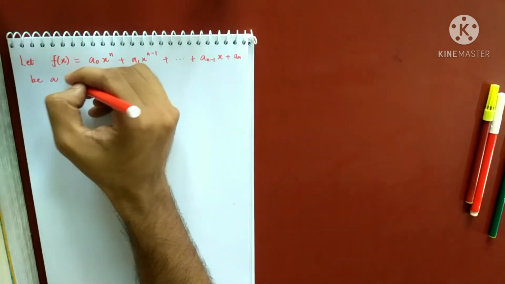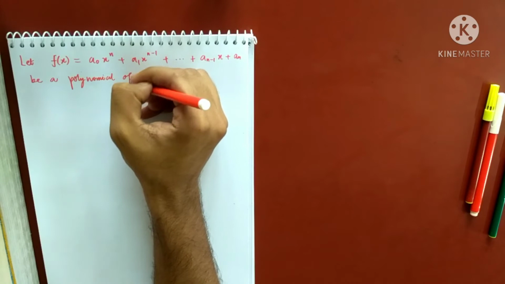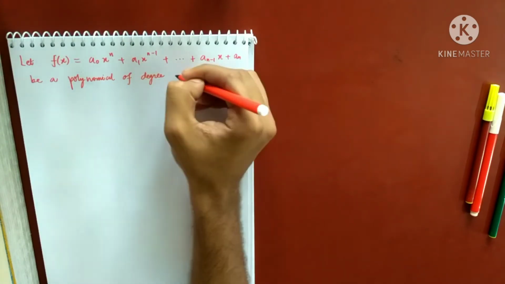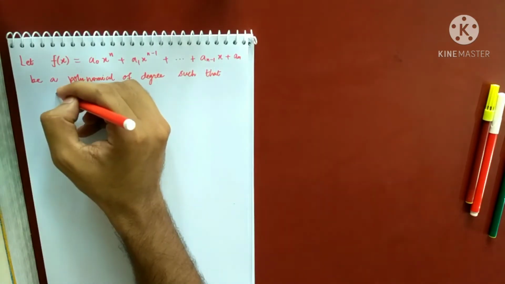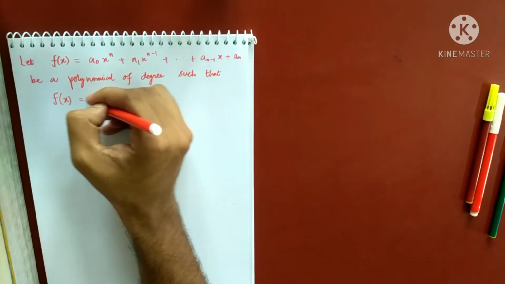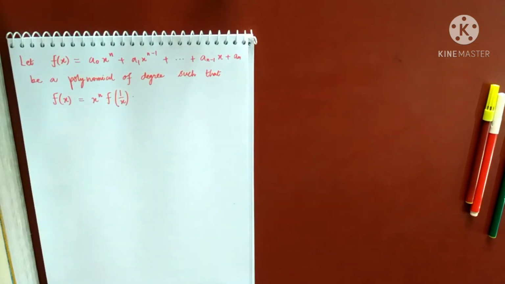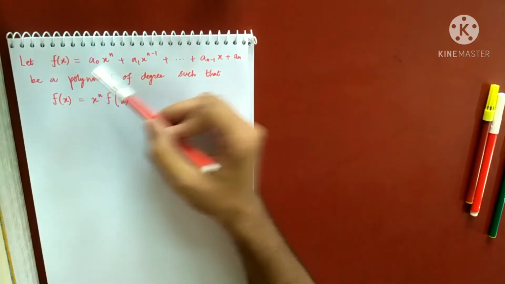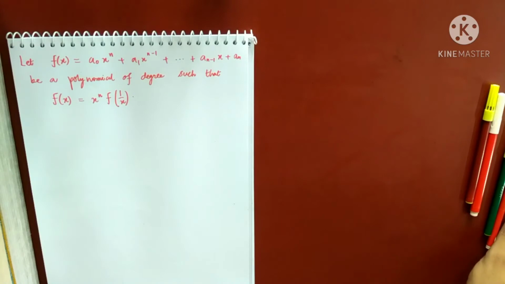Be a polynomial of degree n, such that fx can be written like this: fx can be written as x to the power n f of 1 by x. So what I have to prove is that f is a reciprocal equation of first type. That means I want to show a0 is the same as an, a1 is the same as an minus 1, and so on. So let's see, can we show that?